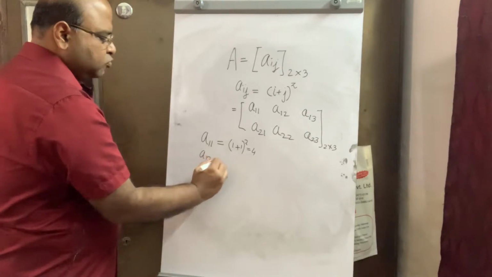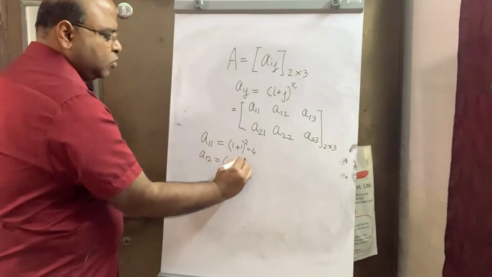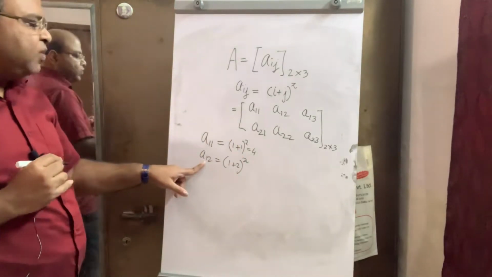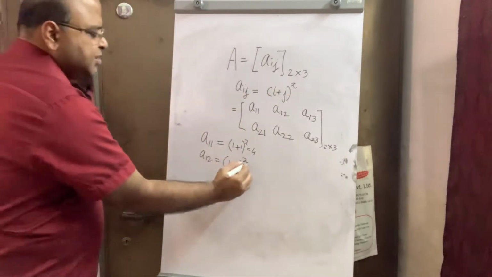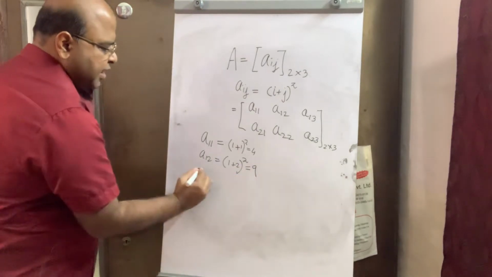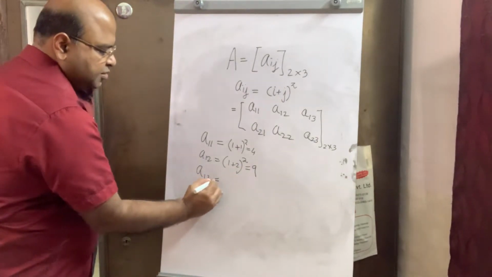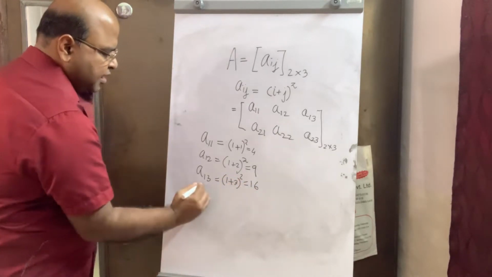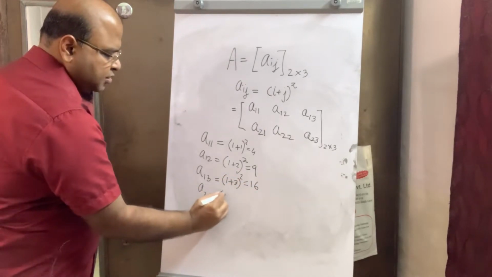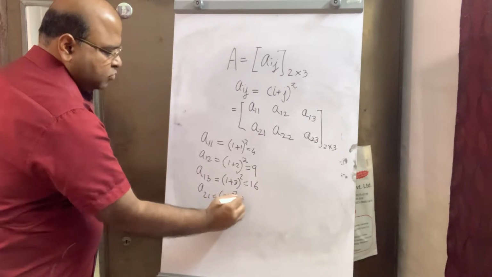Likewise A12 is given by 1 plus 2 whole square, because here the left suffix i is 1, the right suffix j is 2. So just put the values here, 1 plus 2 whole square, which is 9. And similarly we can find A13, which is 1 plus 3 whole square equal to 16. A21, that is 2 plus 1 whole square equal to 9.